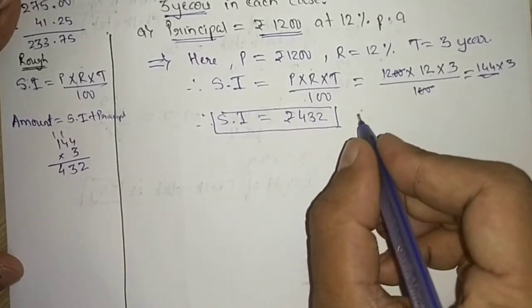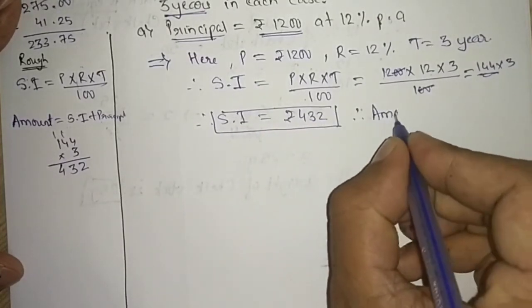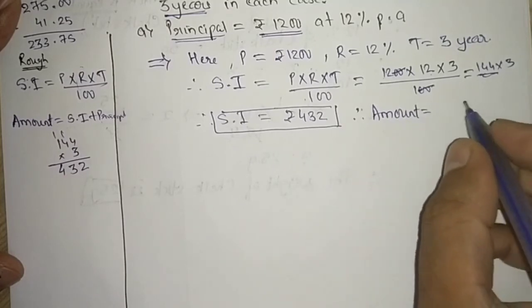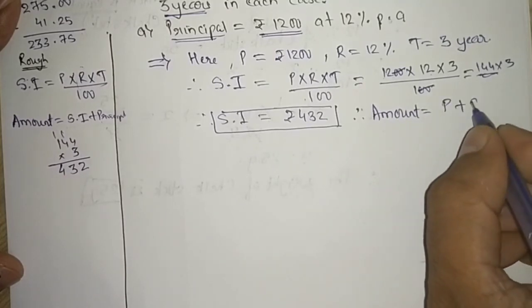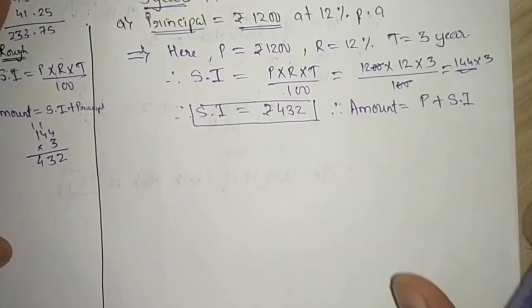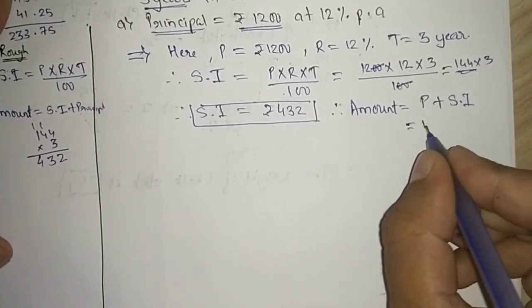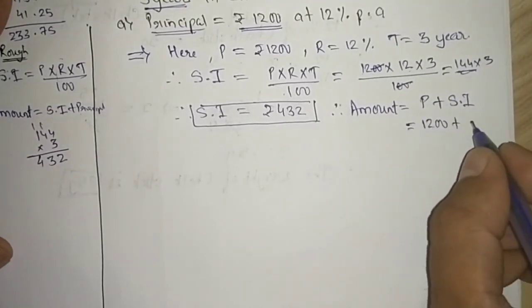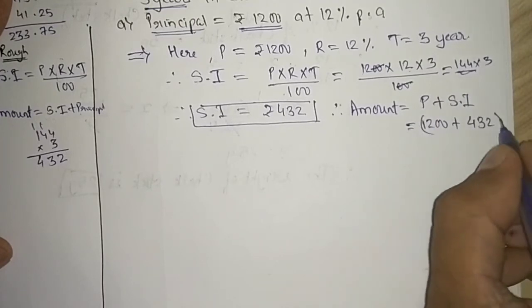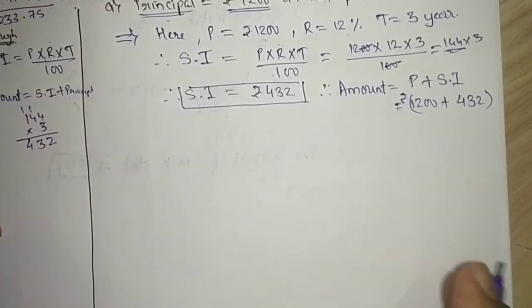So I will write therefore amount is equal to principal plus simple interest, which is nothing but principal is 1200 plus simple interest is 432 rupees.